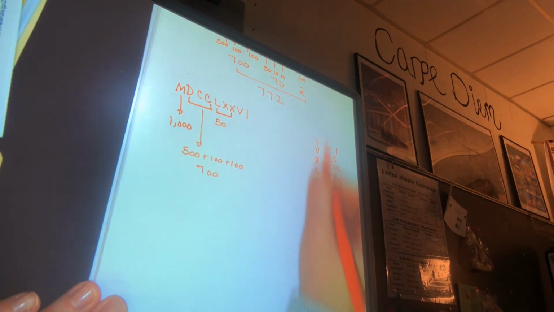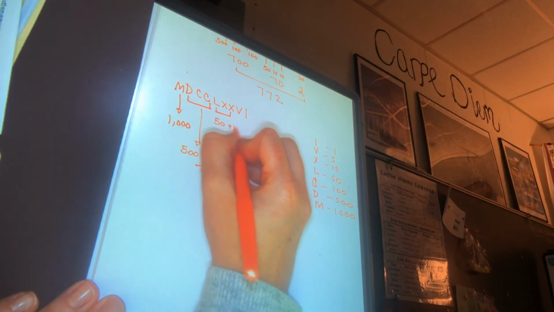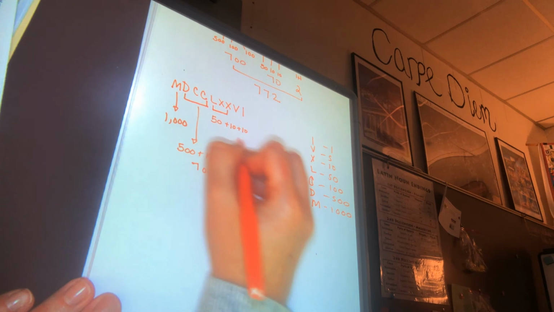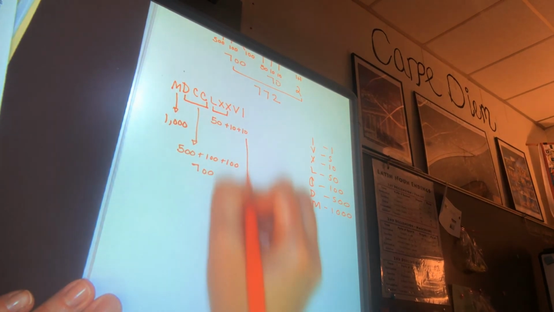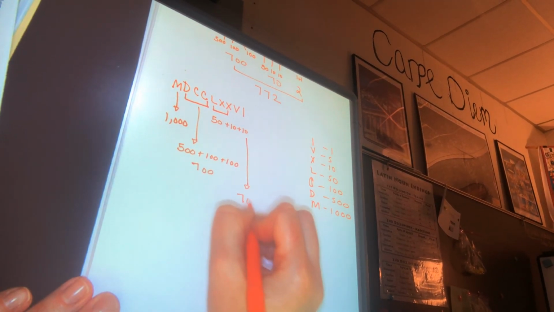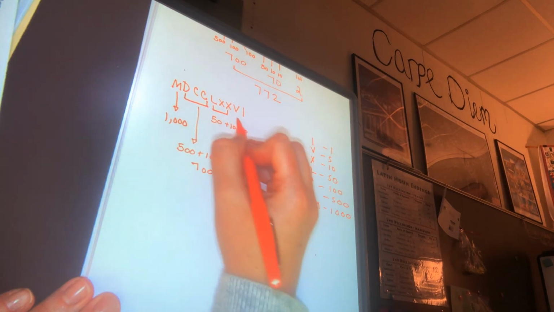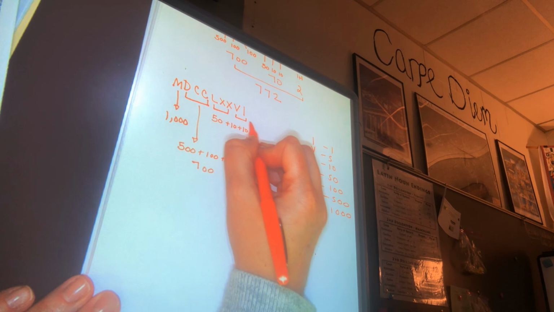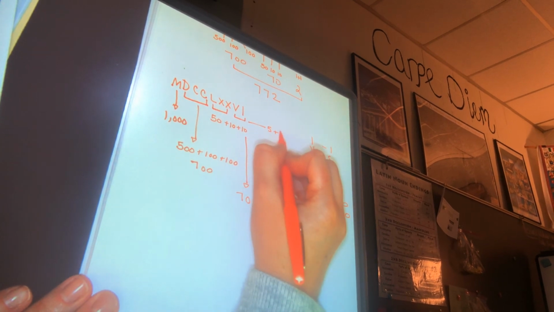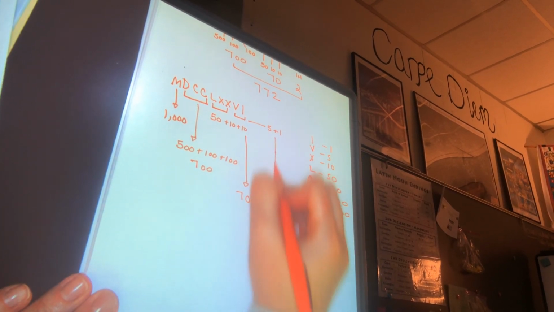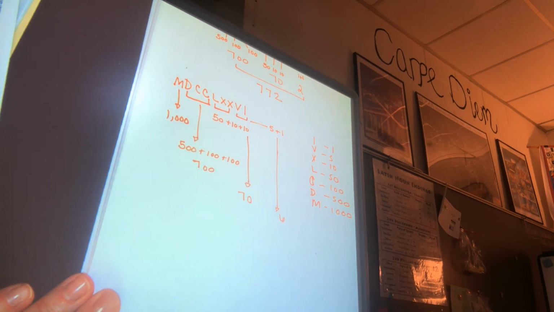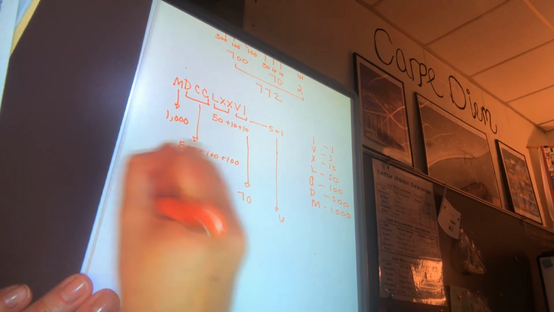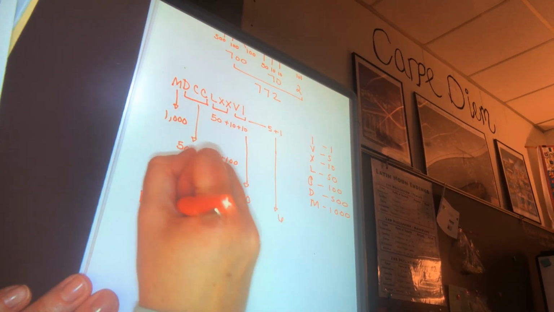Notice I keep referring to my little cheat sheet here. X is 10, and another X is another 10. So that's going to be 50, 60, 70. Then your single digits, V and I, you have a 5 and a 1, which is 6. So you have 1,776.